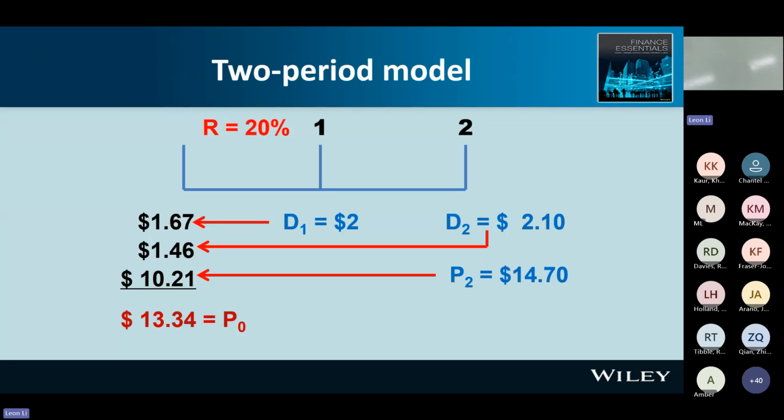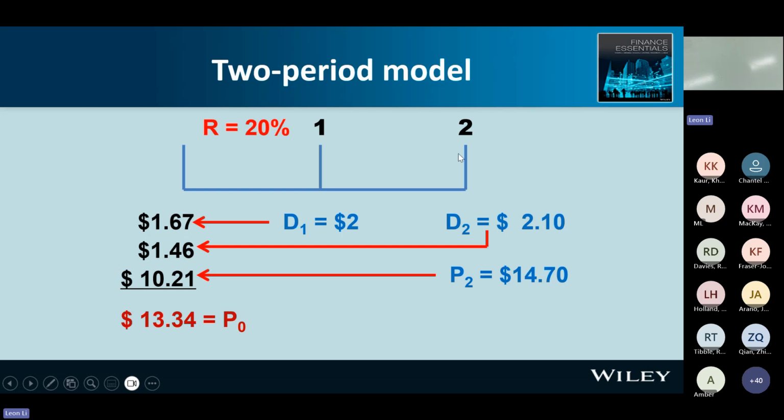So next slide, we consider a 2-period model, right? From 1 period to 2 period. Now we buy the stock and hold the stock for 2 years. So D1, dividend at year 1, $2. D2, dividend at year 2, $2.1.